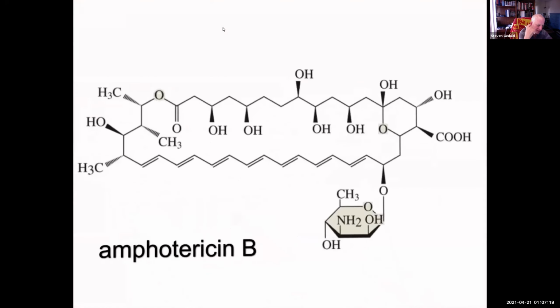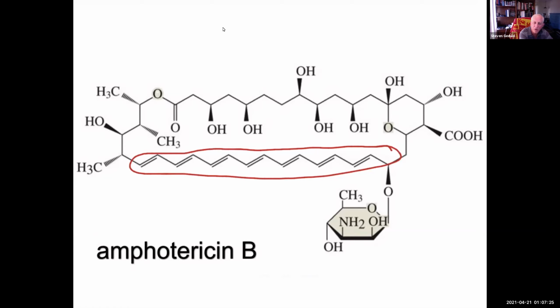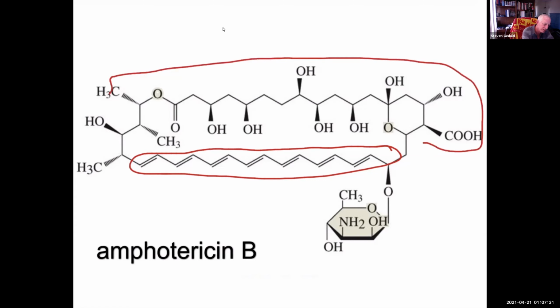And this is what they look like. This is amphotericin B, with this long chain of fatty acid here. That is your hydrophobic part. That dissolves in the cell membrane. This right here, look at all those OH groups. OH groups are polar. Remember, they form hydrogen bonds, so it allows you to dissolve in water. So this part dissolves in the membrane, and this part sticks out.